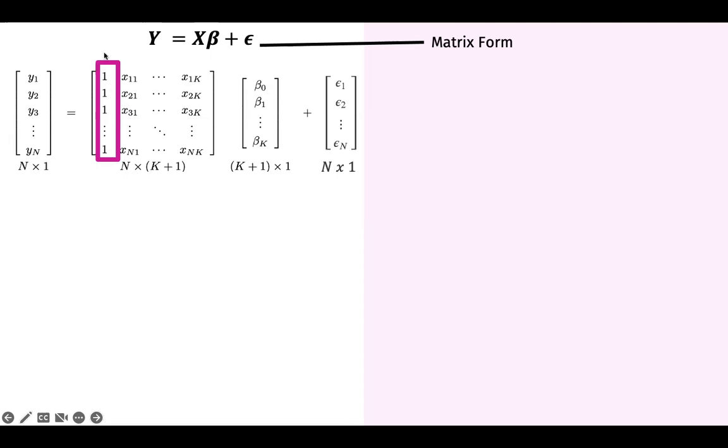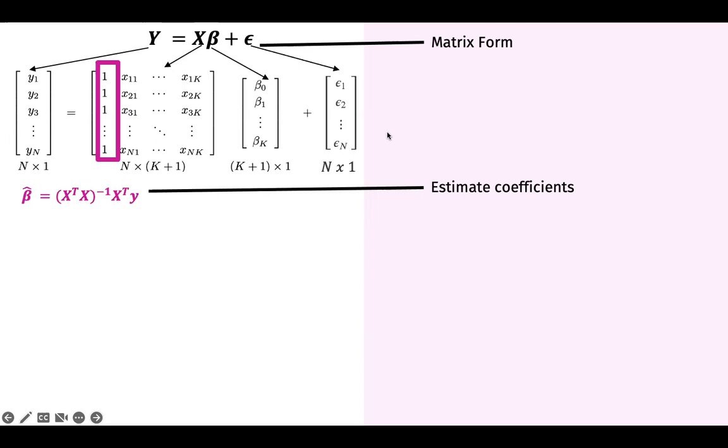We simply add that column of ones so that the dimension of X as well as this vector of weights will be the same, okay? And we can perform the dot product on it, plus the error.